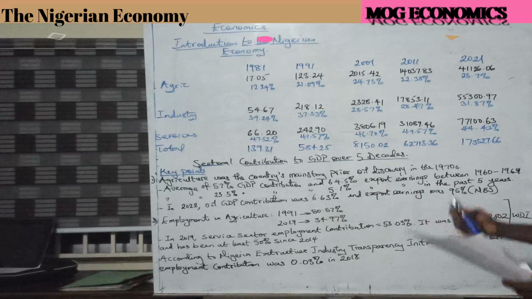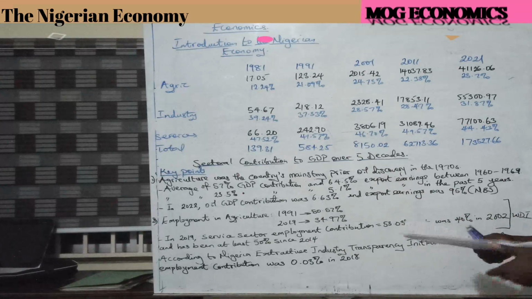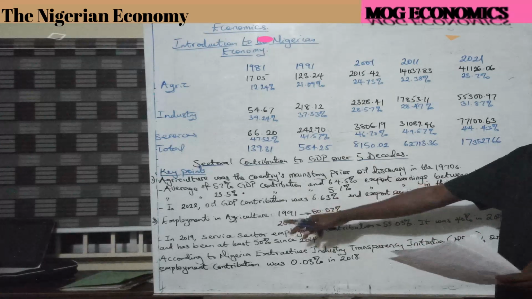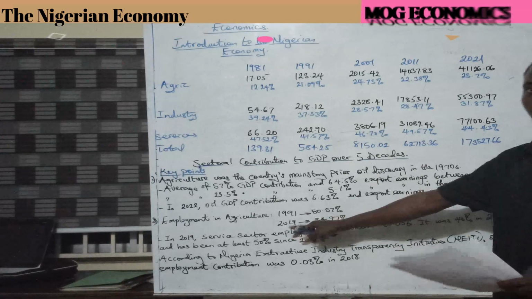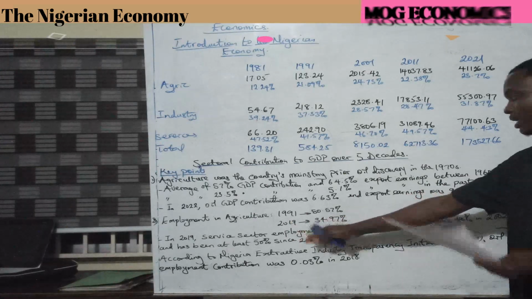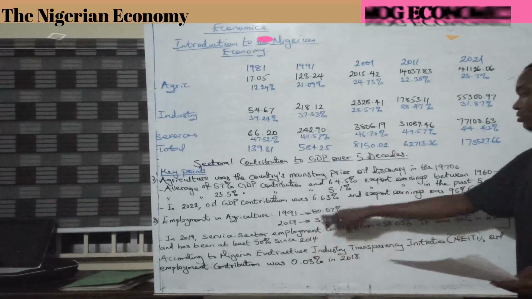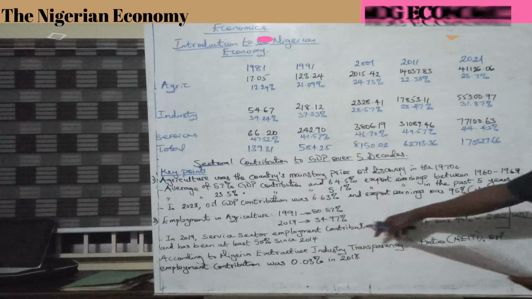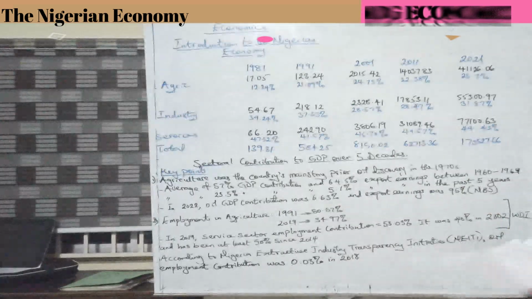That means 50.57% of the people working in Nigeria were employed in the agricultural sector. But by 2019, because that was where we could get the data through, it had fallen to 34.97%. So now you don't have as many people in agriculture as you used to have.